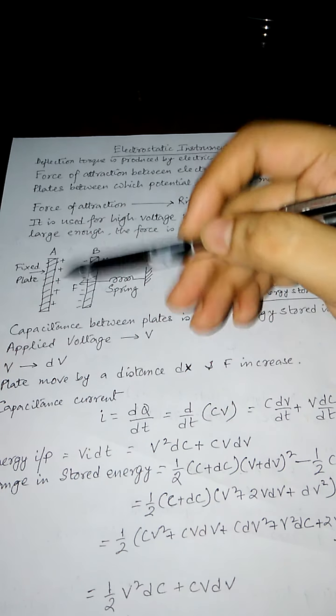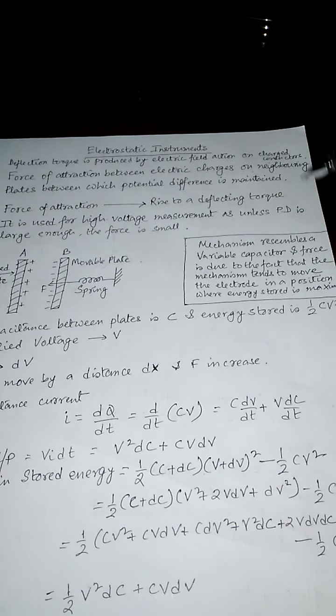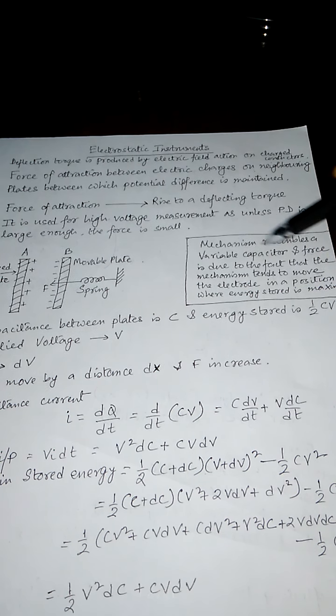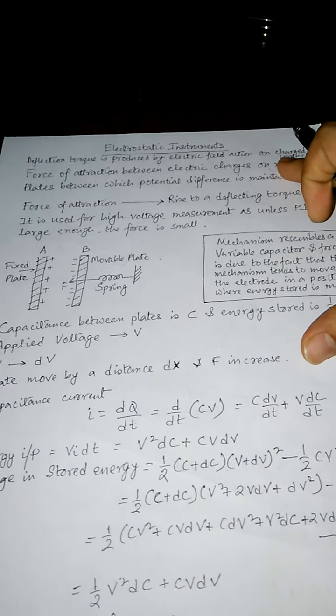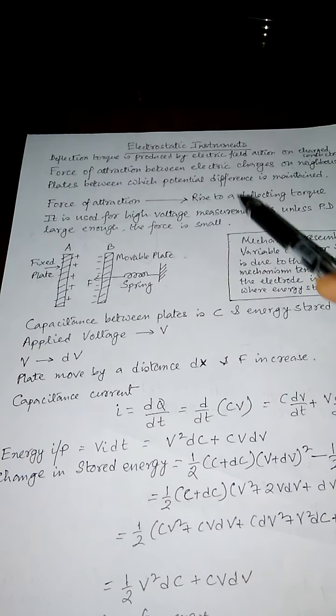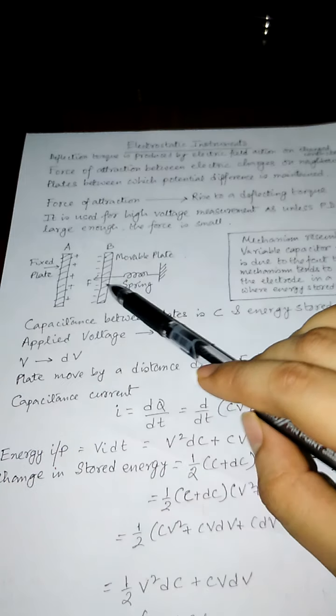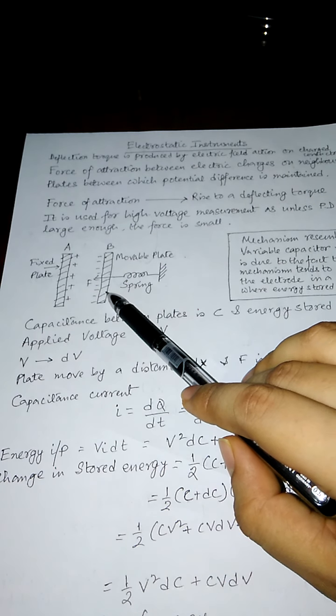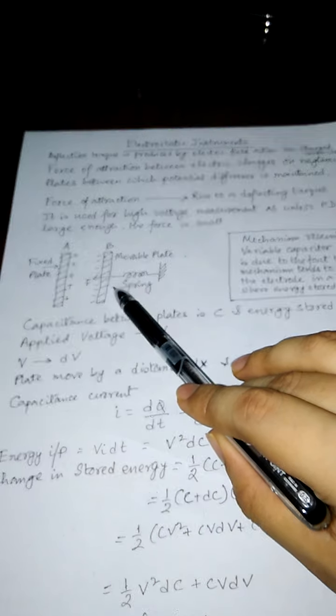So this mechanism resembles a variable capacitor. Suppose for an electrostatic instrument, this is the two plates configuration. This is the fixed plate and this is the movable plate.